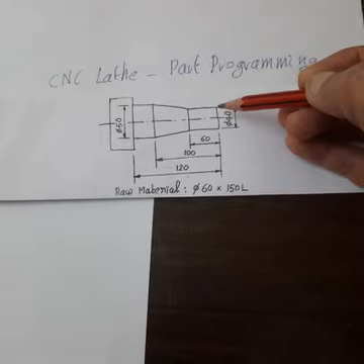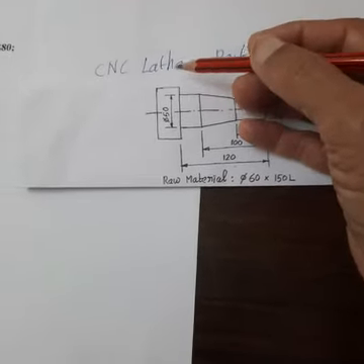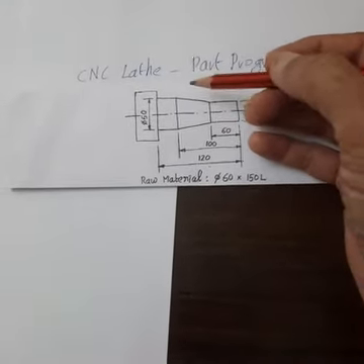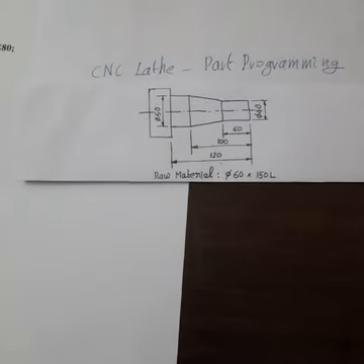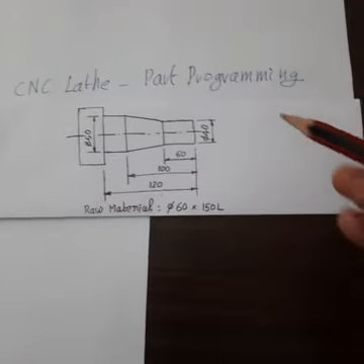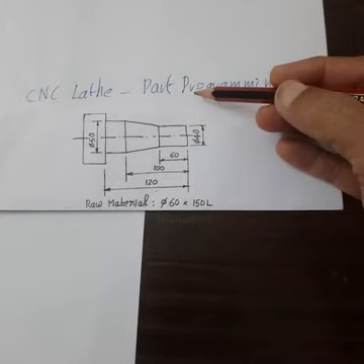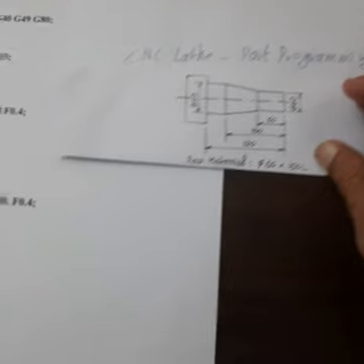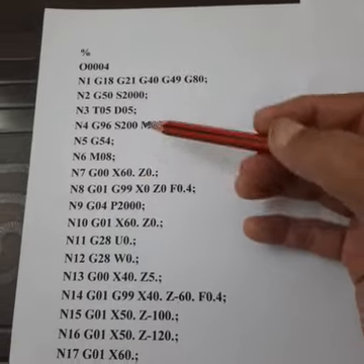The tool is made to move on this contour so that we are able to get the required component in one single pass. So these are the two assumptions we have considered for writing the part program. And sometimes there is no need to do the facing operation. So when there is no need to do the facing operation, the lines used for the facing operation can be removed from this program.